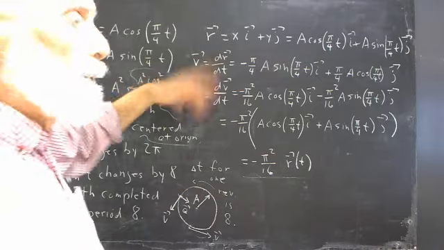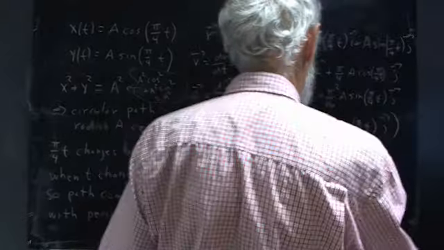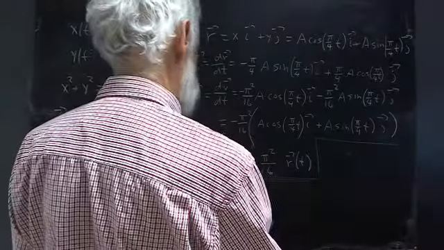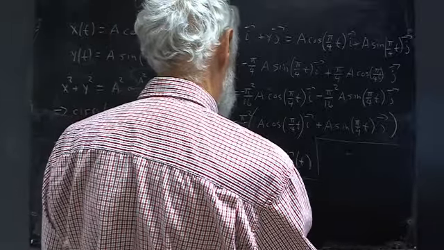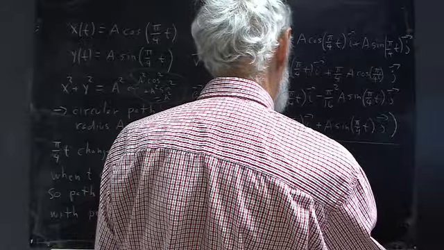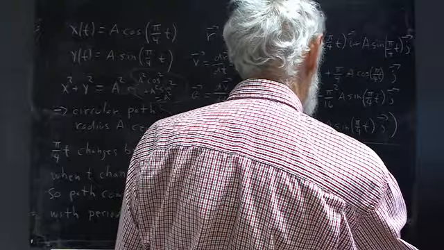And we can also verify that. r is perpendicular to v because a radial line is perpendicular to tangent.